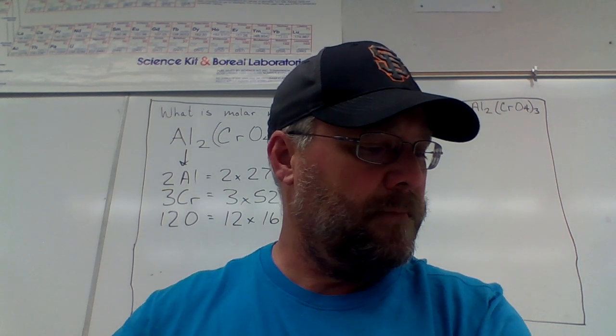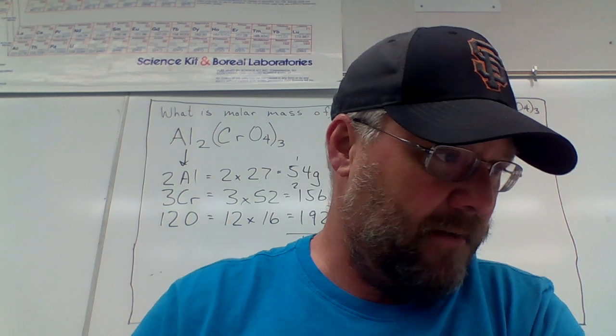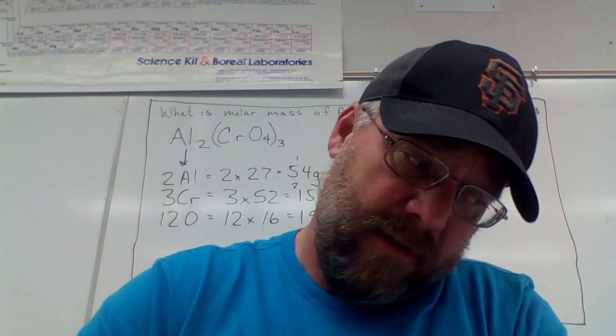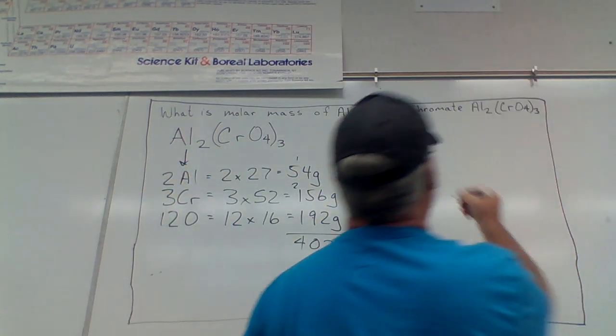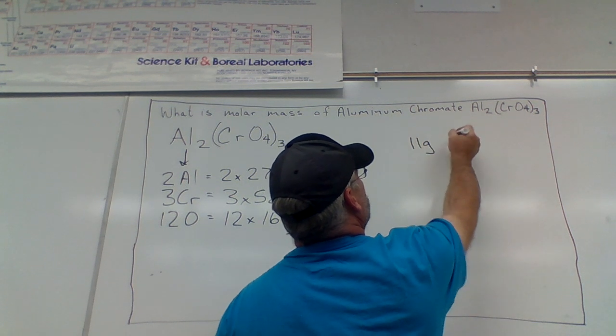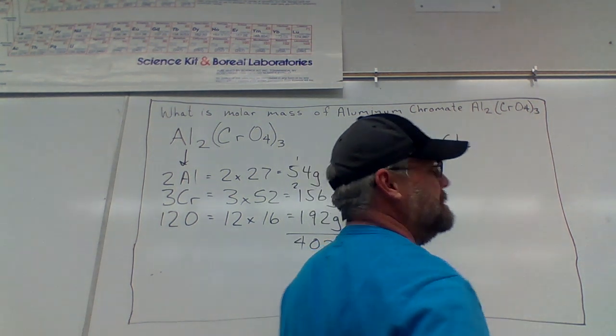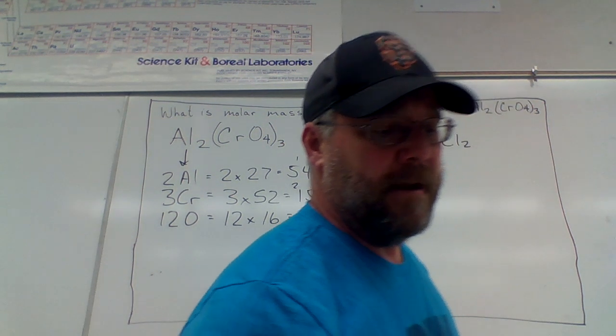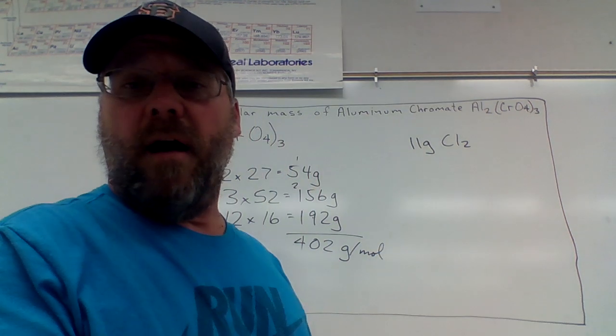Next question that I wanted to talk about was the check-in on lesson 78: 11 grams of chlorine gas. If I have 11 grams of chlorine gas, what is the number of moles that I'm going to have there?